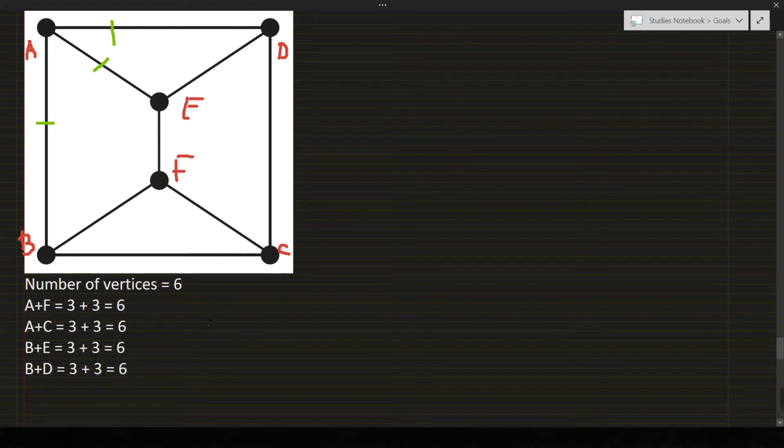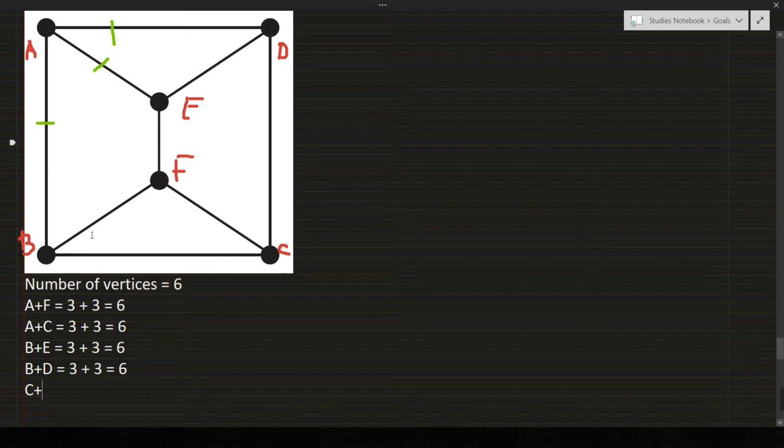we will find the non-adjacent for letter C. We have seen A already, so we will find another non-adjacent pair.